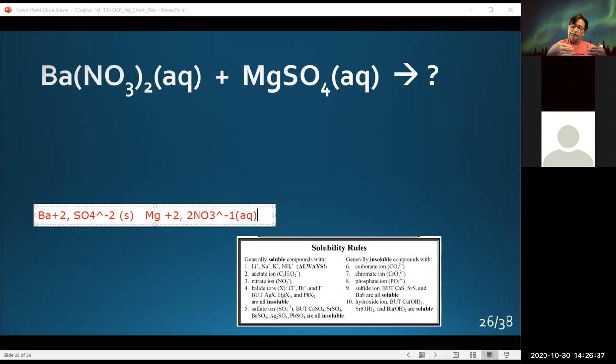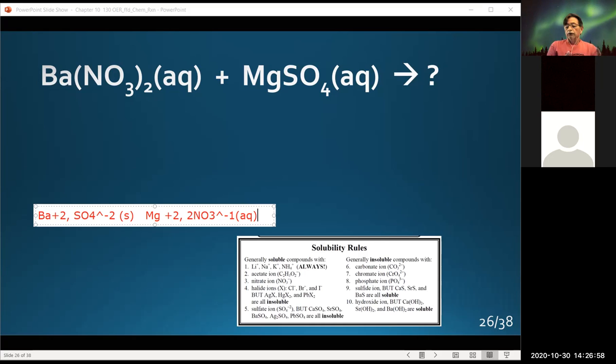So by breaking them down into ions, that assures me that I'm going to put them back together with the correct ratio. Then secondly, looking at the solubility of each new product that it made, whether it's soluble or insoluble, I can now give it the physical state.